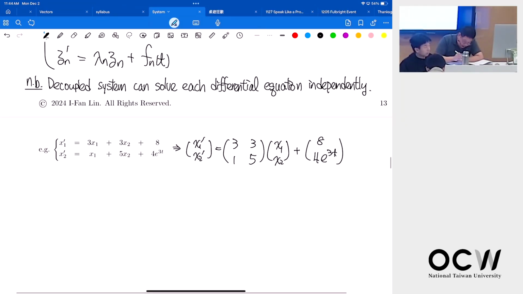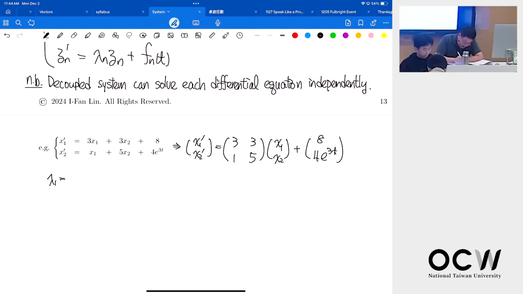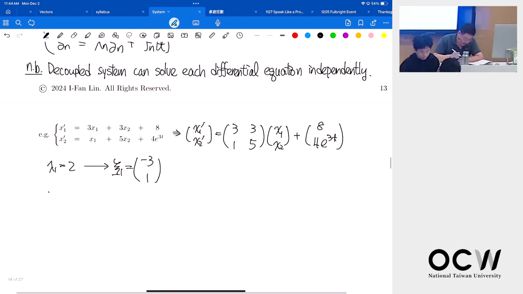The first eigenvalue is 2, and the eigenvector is [-3, 1]. The second eigenvalue is 6, and the associated eigenvector is [1, 1].